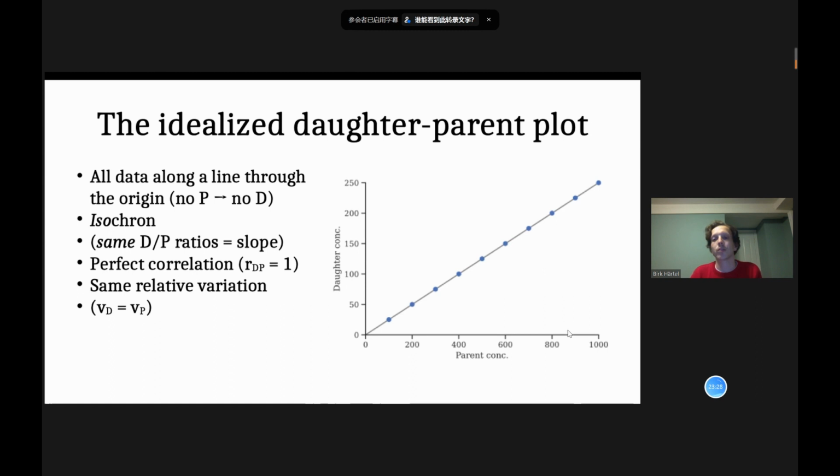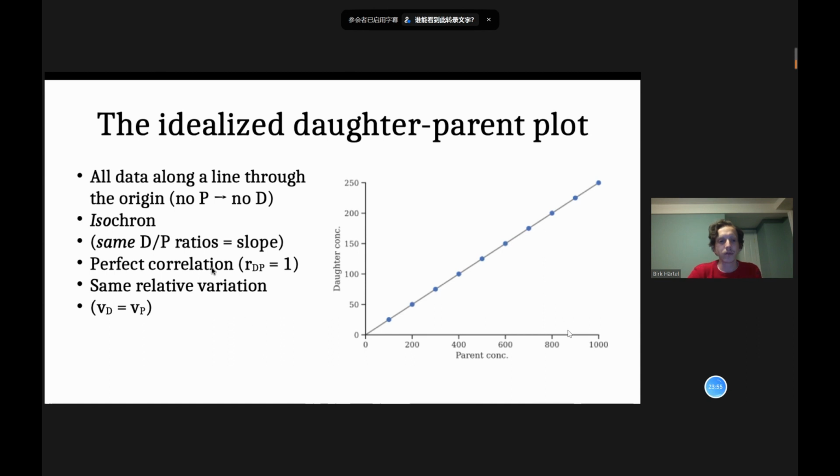And if we're speaking about an idealized case where all our grains within one sample have the same age, we can plot the daughter concentration against the parent concentration, and we would get a perfectly proportional line. So a linear array through the origin with all points lying there. Why does it have to go through the origin? Of course, if we don't have any parent, we won't get any daughter.